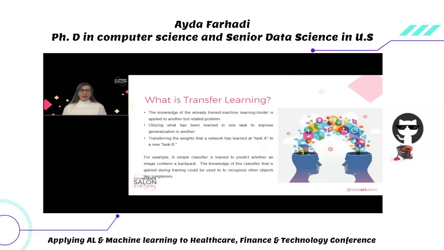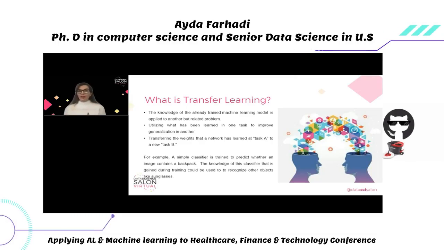When we are talking about transfer learning, as the name suggests, it is basically transferring knowledge from a pre-trained model to a new model. So assuming that you have two different models and you are trying to utilize one of them in order to get the knowledge and facilitate learning on the new task, that would be the concept of transfer learning.